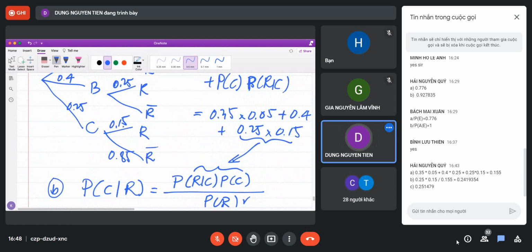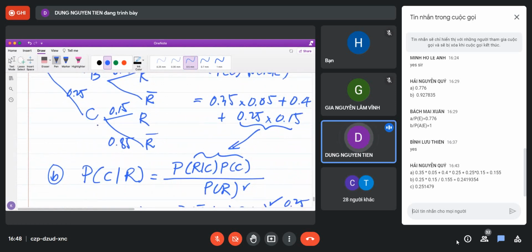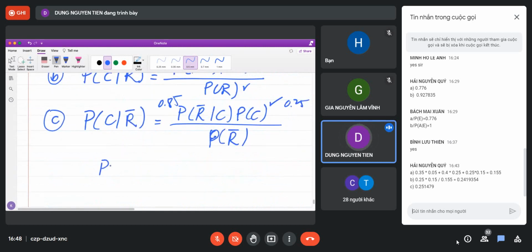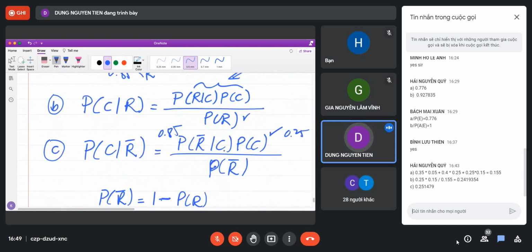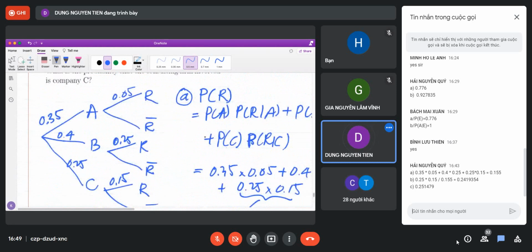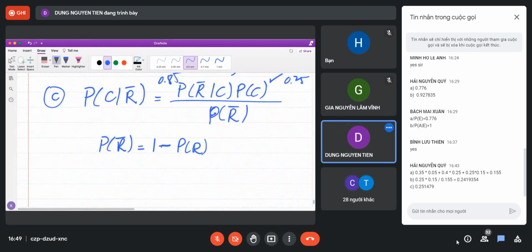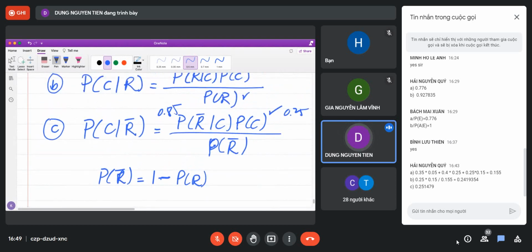You get 15% for R and 85% for R bar if company C is involved, so you get 0.85 for this factor. For the denominator, you get the probability of R bar, which is 1 minus the probability of R, and you already knew that probability in the first question, so you can find this probability by using the complement rule, and then you can get the desired value.